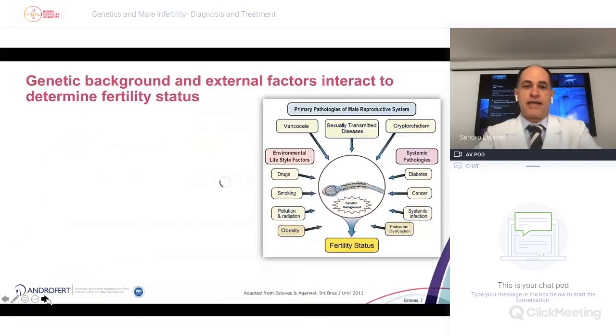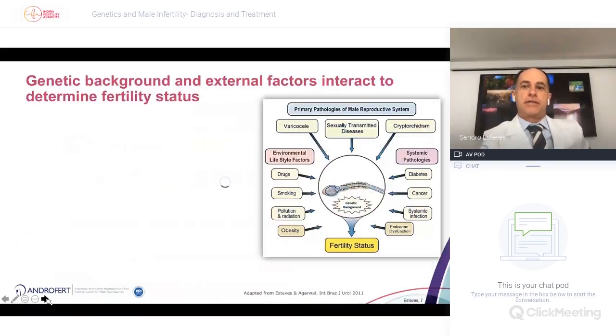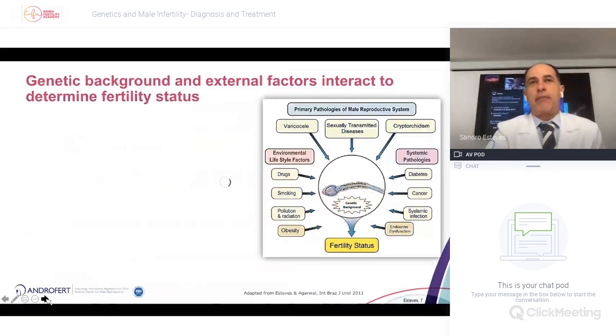But what I want to emphasize is that the genetic background is obviously important, but also the external factors will interact with the genetic background to determine the fertility status. For instance, I can have a patient with a very good genetic background, but because of external factors, exposure to gonadotoxins, varicocele, some infection, etc., mumps or caries, this interaction will make the individual less fertile according to the genetic background.